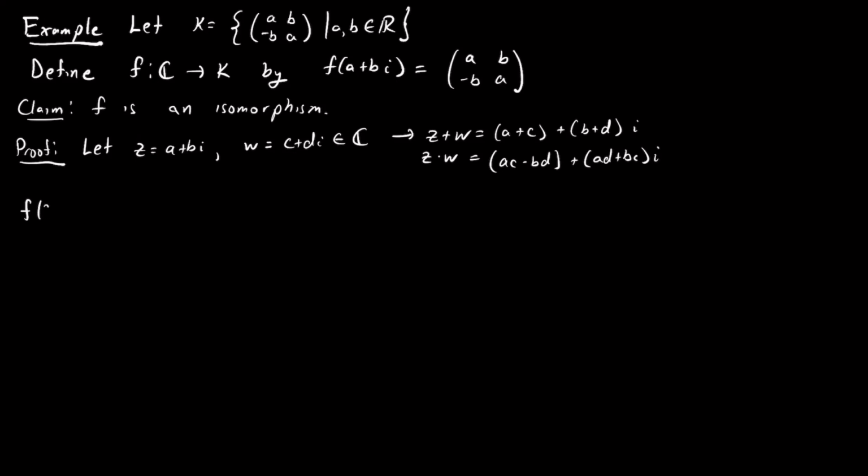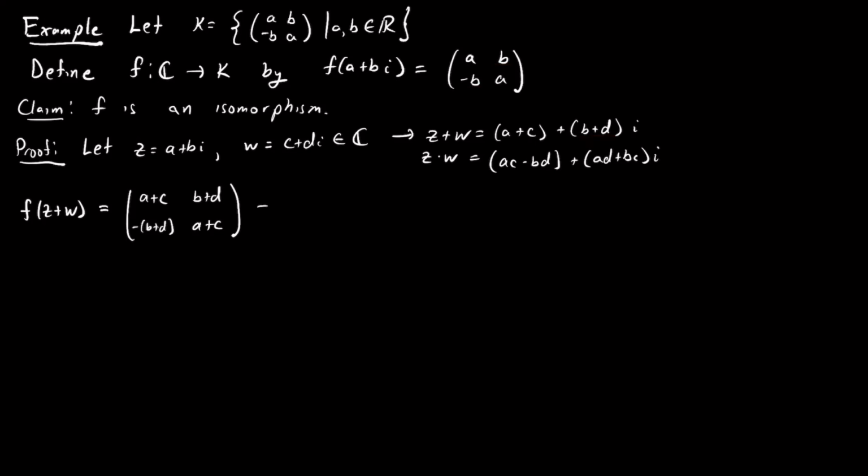So if I look at f(z + w), well, f(z + w) is going to be the matrix [a + c, b + d; -(b + d), a + c], right? So the idea again is that a + c gets mapped to the diagonal of my matrix, and b + d is the 1,2 entry, and its negative is the 2,1 entry.